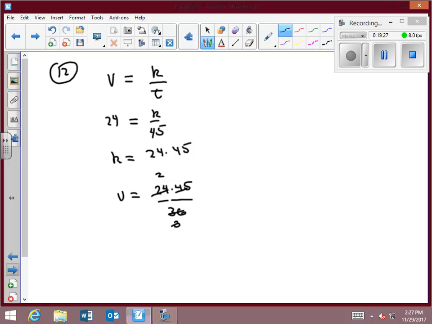That's 15. So this is 30. Notice fewer teeth, more revolutions, right? That makes sense to you? Fewer teeth, more revolutions. Okay.